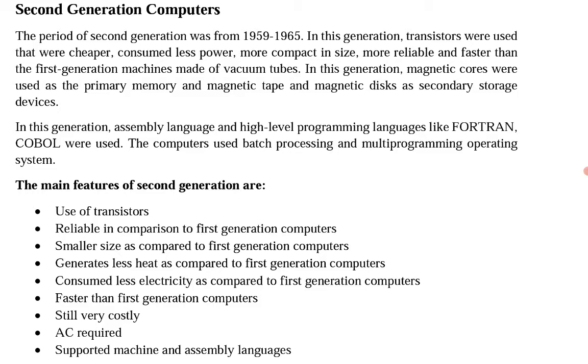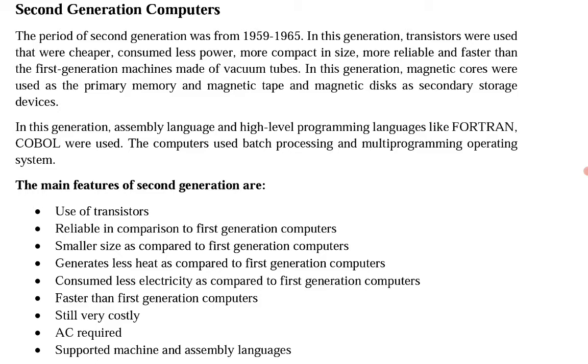In second generation computers, magnetic cores were used as the primary memory, and magnetic tape and magnetic disks as secondary storage. So magnetic cores were introduced, and magnetic tapes and magnetic disks are used as input output devices. And in these generations assembly language is used as a programming language.